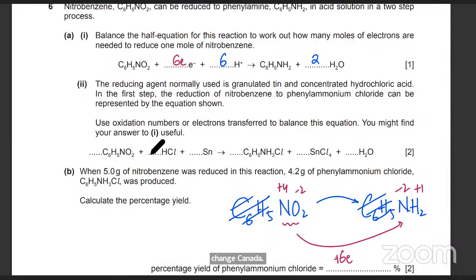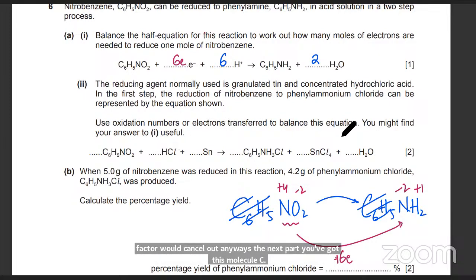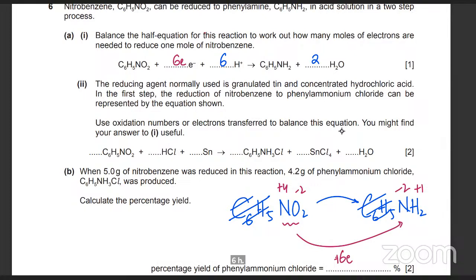So the next part, you've got this molecule C6H5NO2 and use oxidation numbers or electrons transferred to balance this equation. First part, Sn goes from 0 to what? It goes to plus, कितना हो गया? 4. I think 4.